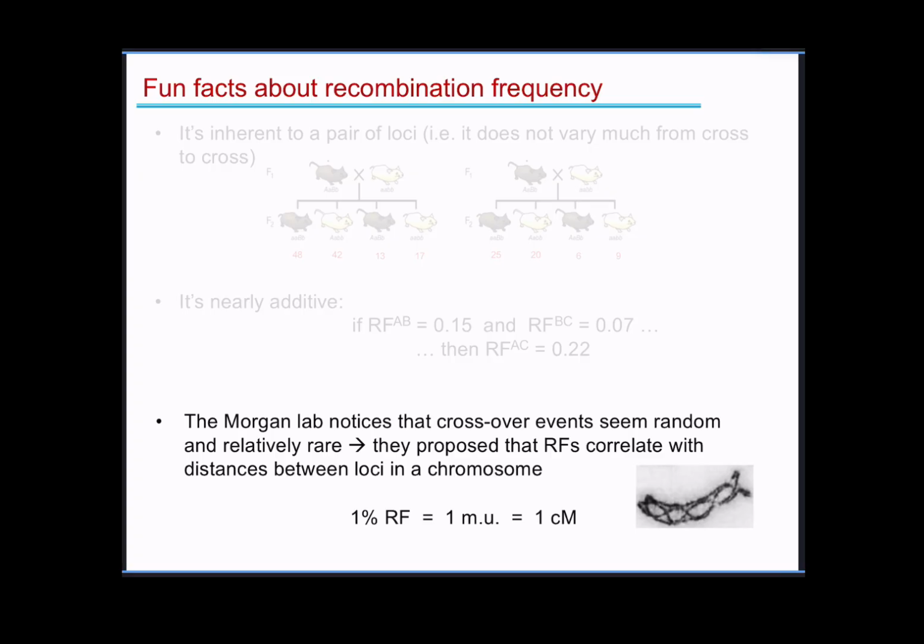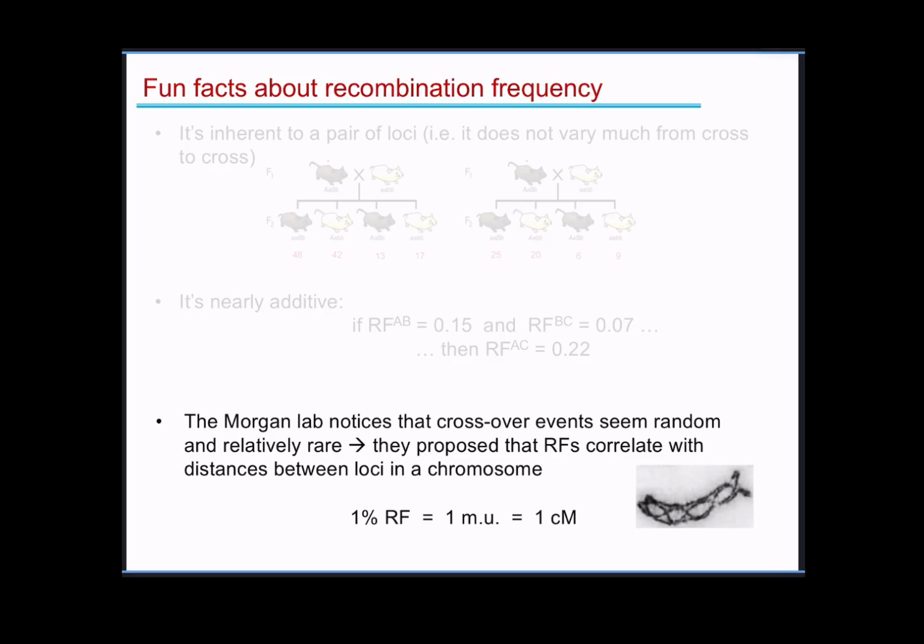The higher the recombination frequency, the further apart loci were, meaning the more mapping units between them. Let's say that two loci had a recombination frequency of 5%. In jargon, people would say that they were 5 mapping units apart.